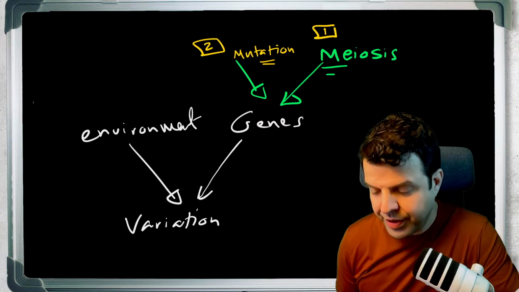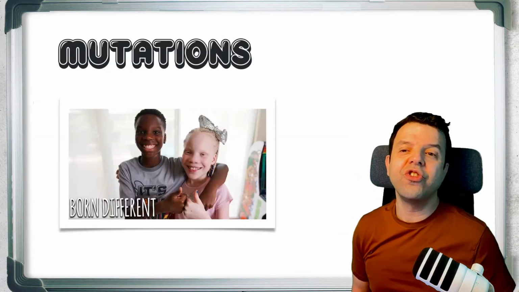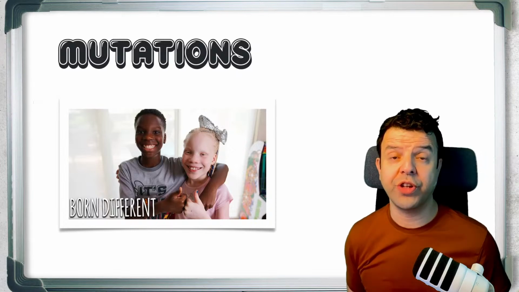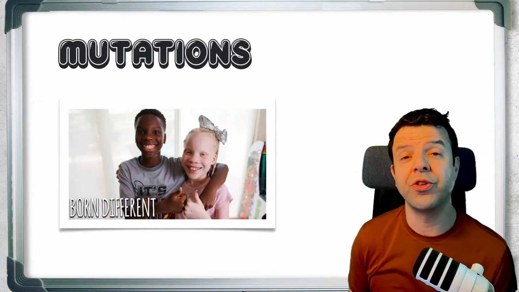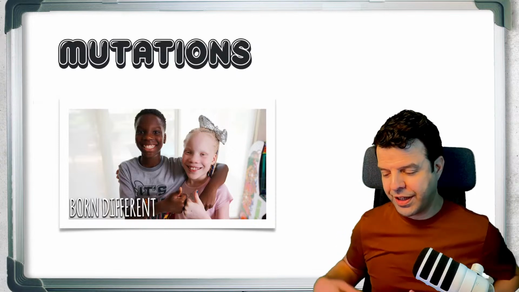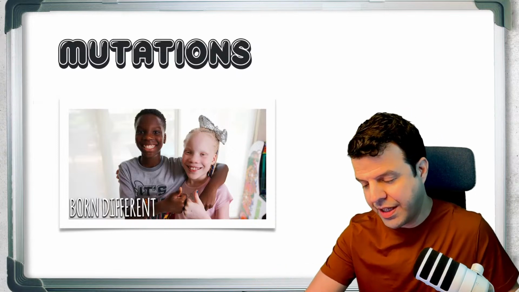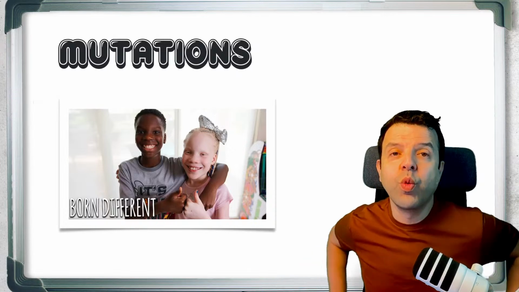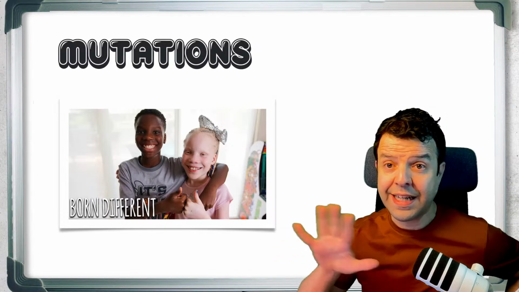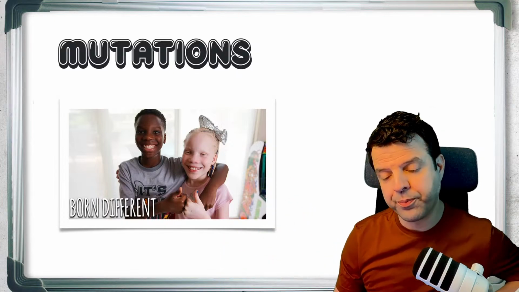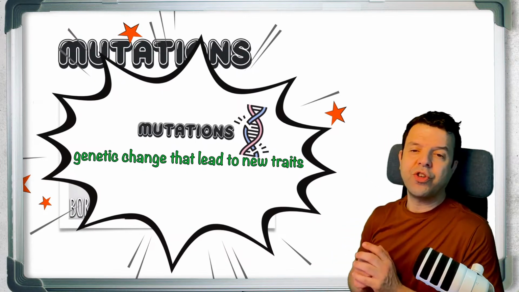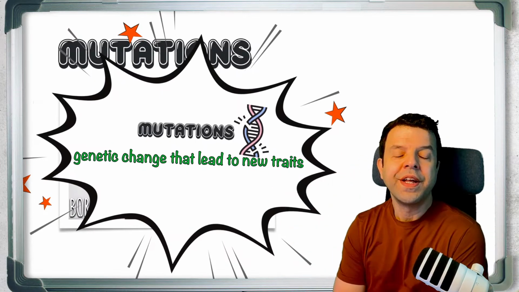Mutations are sudden changes that occur in our DNA that result in totally different or new traits. I'll repeat. A mutation is a change in the DNA that will result in a new feature that didn't exist before. So, a quick definition worth 1 mark.